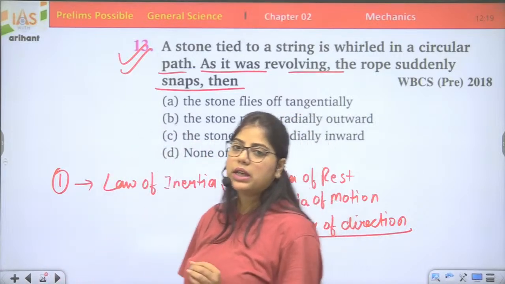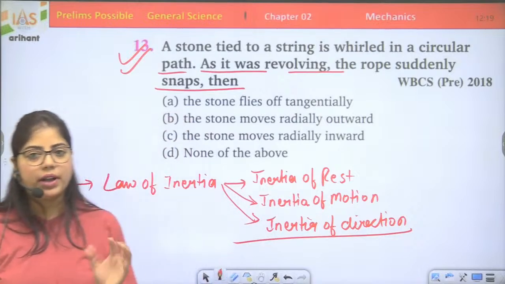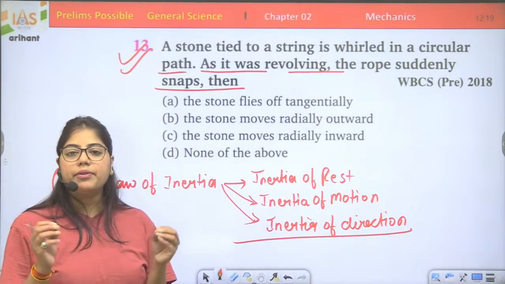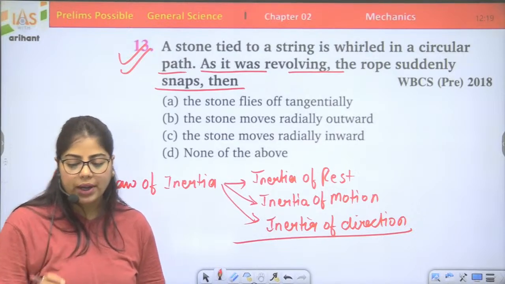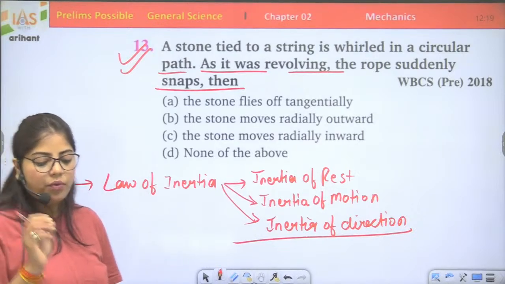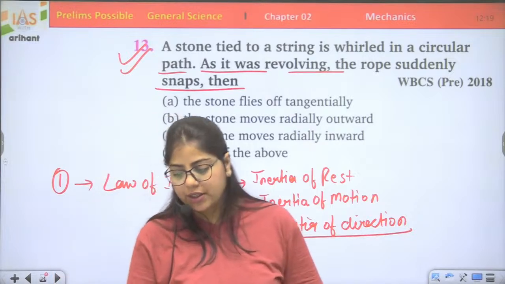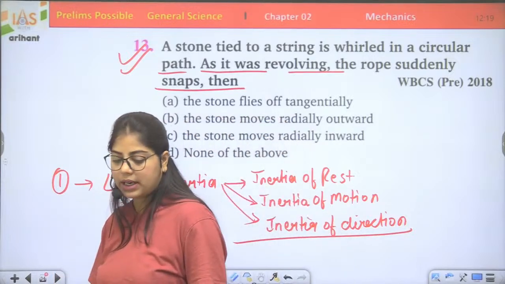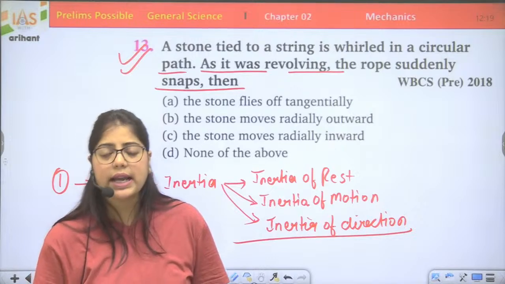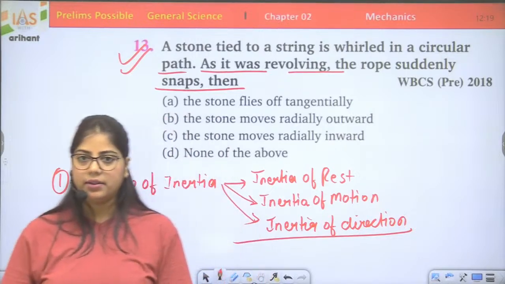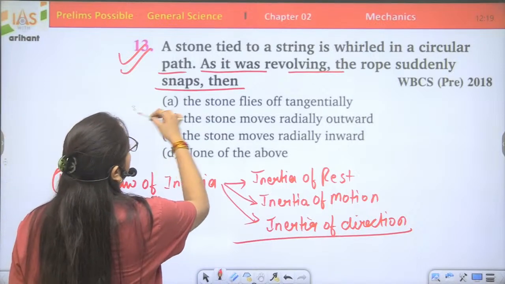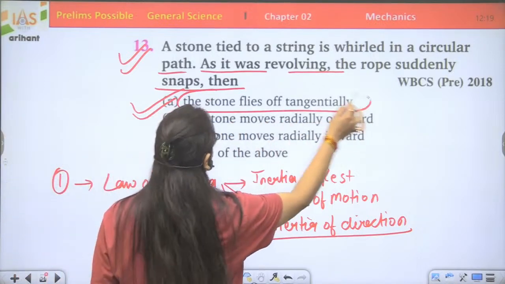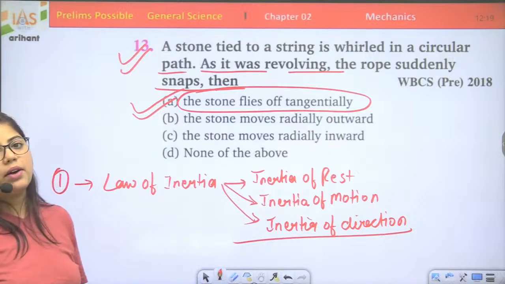So when we studied inertia of direction, the definition is that the resistance offered by the body to continue the motion in the same direction unless an external force is applied, right? So this stone flies off tangentially. Option A would be the right answer.